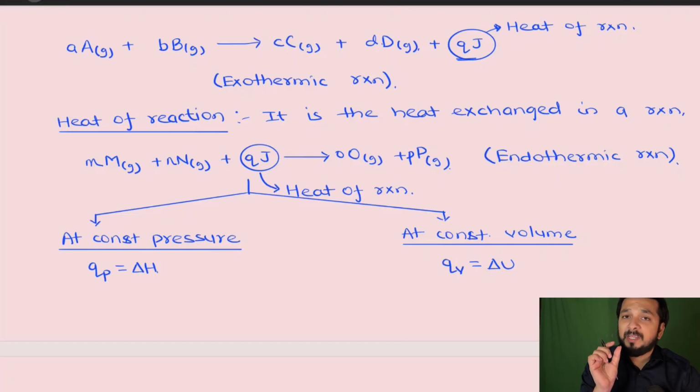That is why the heat which is generally mentioned is always written delta H, not delta U. Is this point fine? Why we write delta H always? Because most of the time the reaction is performed in a test tube, which is an example of constant pressure condition. So this much is fine.